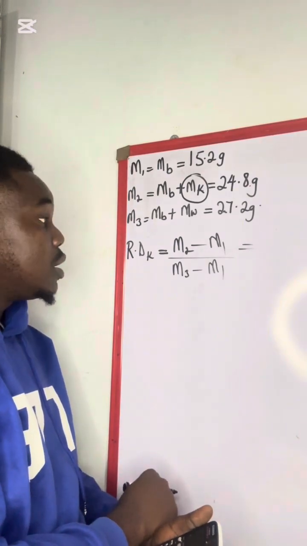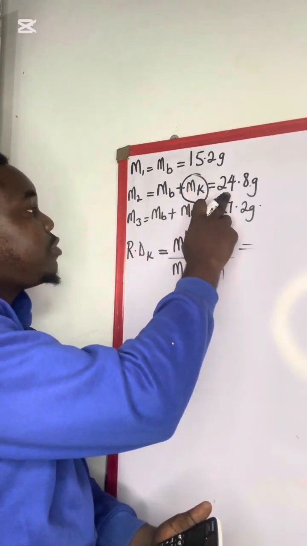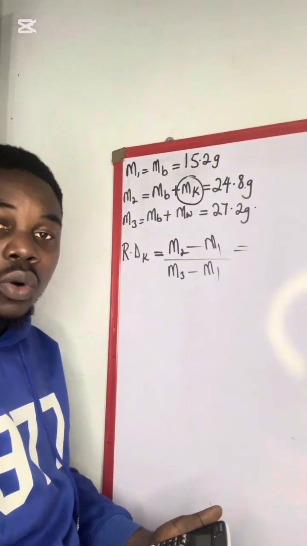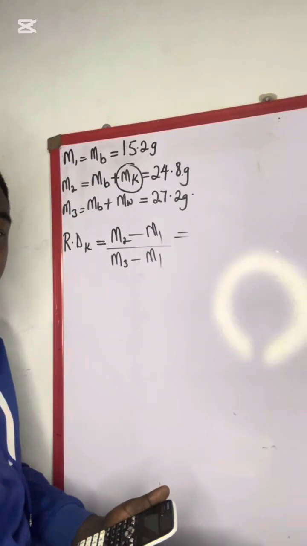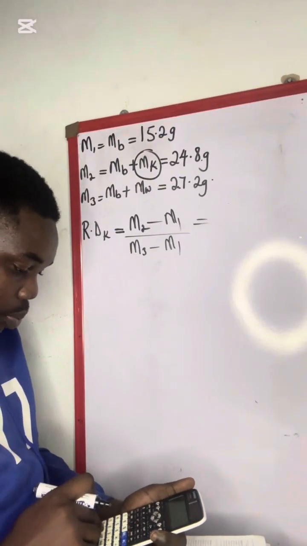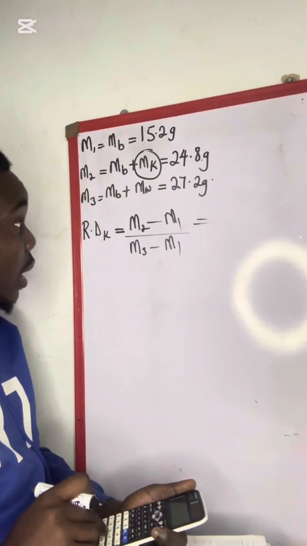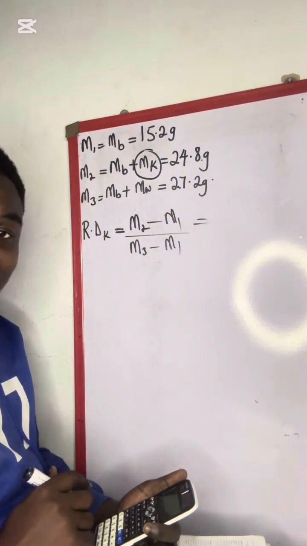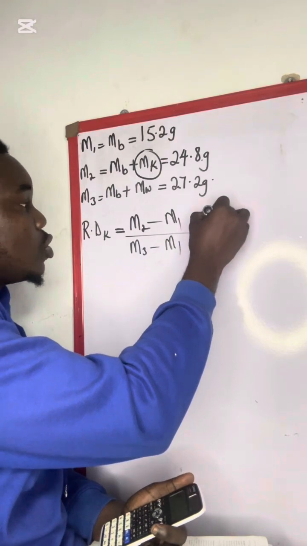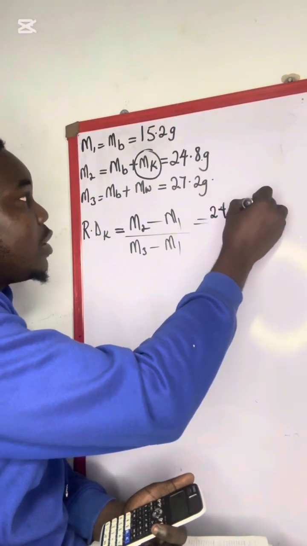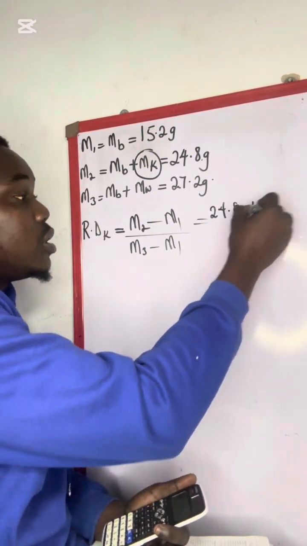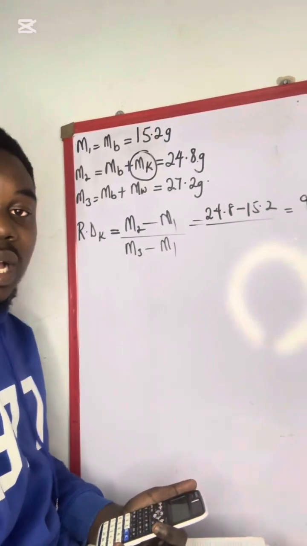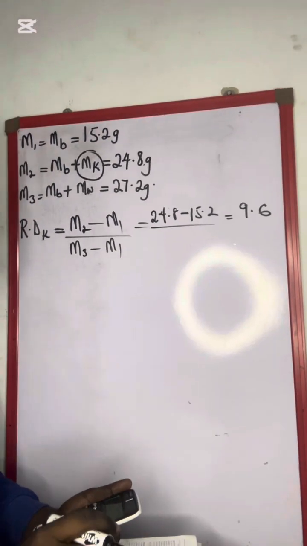Volume of water. Now, what is 24.8 minus 15.2? Let's check that on our calculator. 24.8 minus 15.2. That gives us 9.6. Okay, we have that.